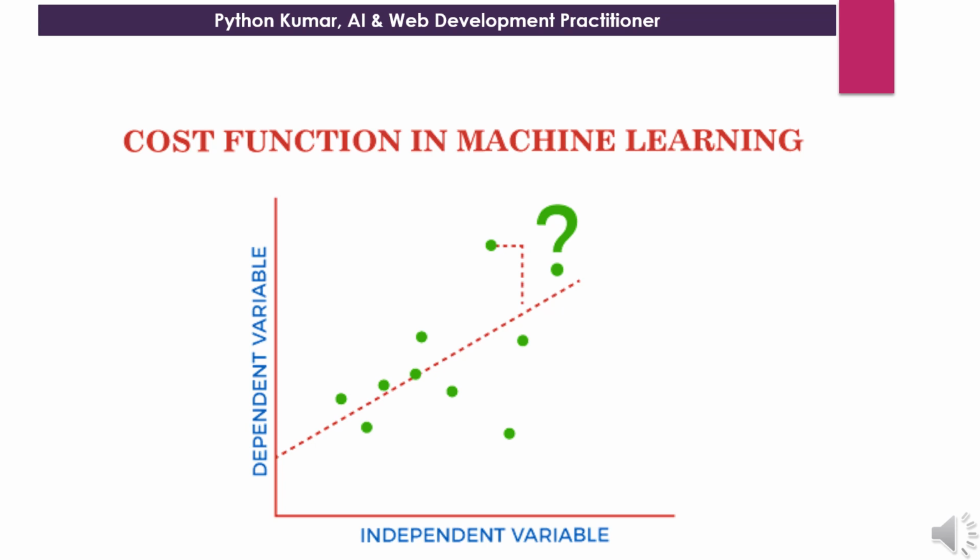As you saw earlier, suppose 4 exams were given and for each exam you made an error. The total of that error is called cost. Here also the cost is the distance of the points from the straight line. Here you can see what cost means in a graphical way.